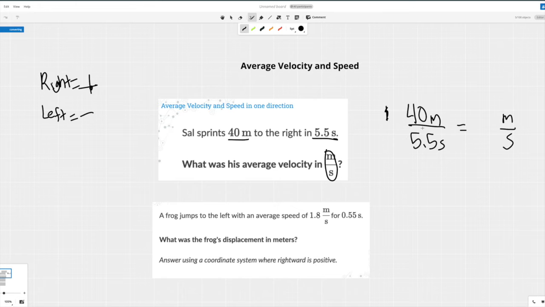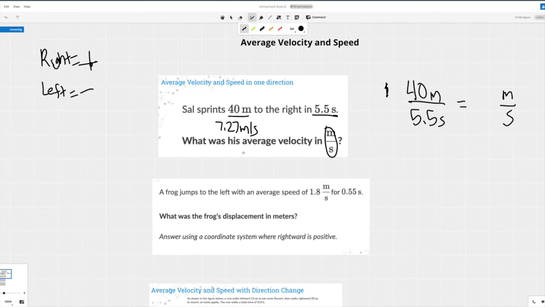So 40 divided by 5.5, I suggest using a calculator for it, and that should give you about 7.27 meters per second. So 7.27 meters per second. Next question.